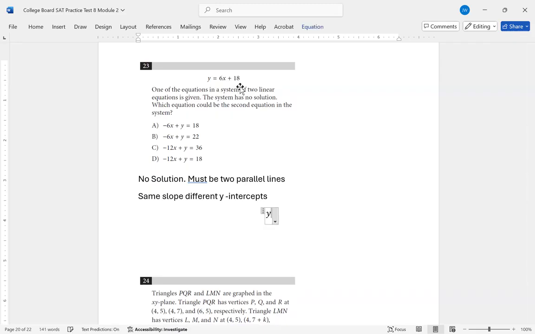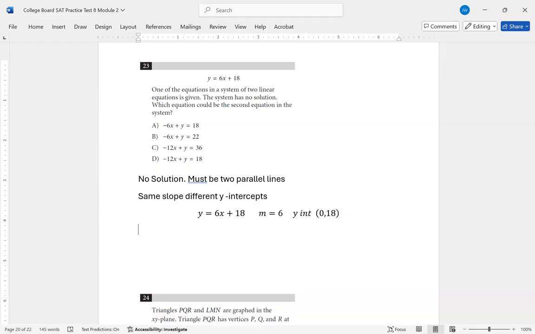So y equals 6x plus 18. That's of the form y equals mx plus b. So we have slope, which we usually call m, of 6, and y-intercept of (0, 18). So the other line has to have slope 6, but a different y-intercept.